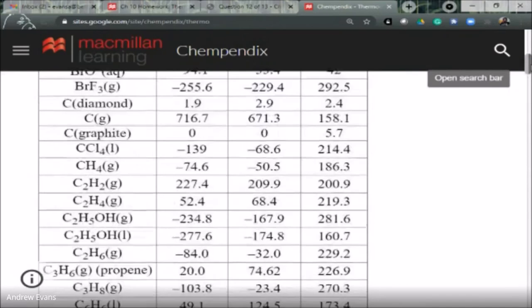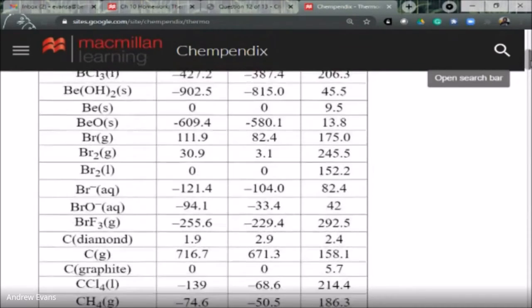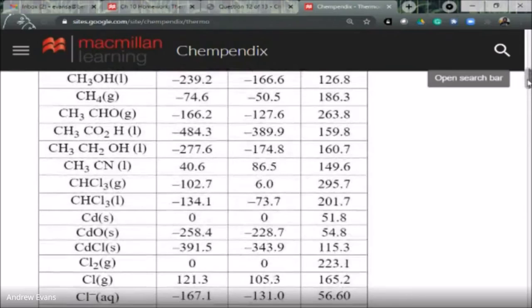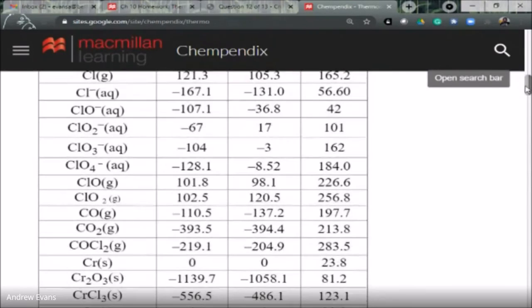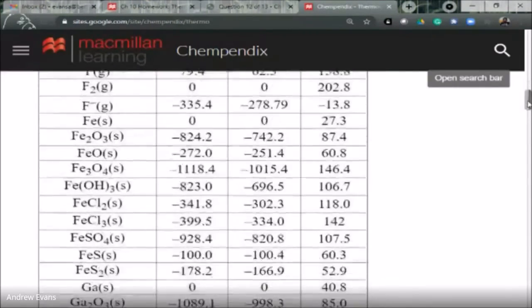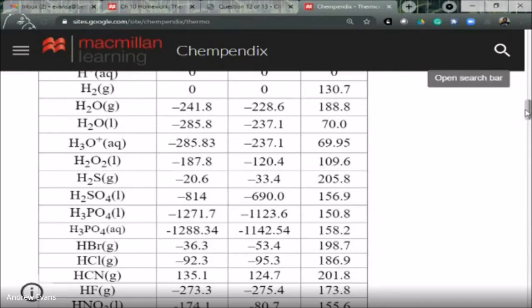Now I have to look for water and CO2. CO2 is -393.5, and water is -241.8.